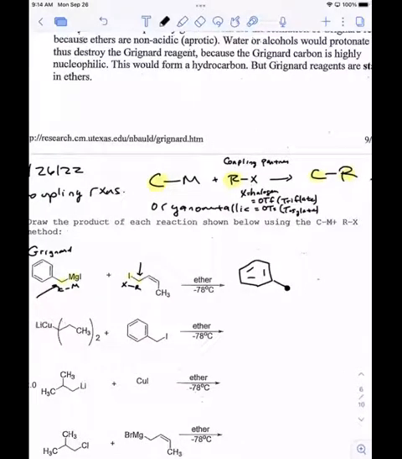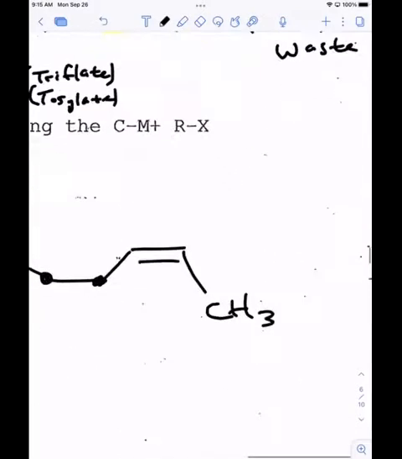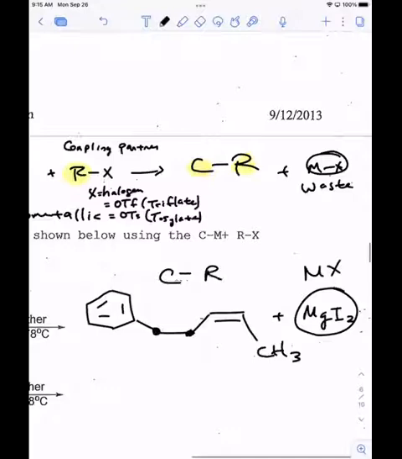And then that's going to be bonded to this carbon, which is attached to that vinyl system. And then the rest of it we'll just call MgI2. This is MX, and this is CR.